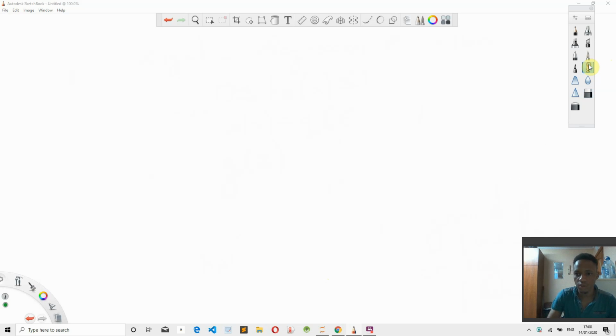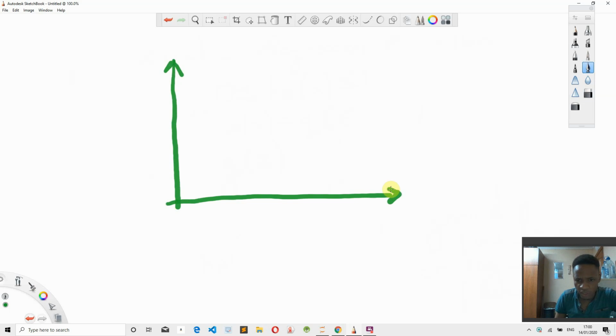So let's take a look at this. Let's say we want to predict if someone has heart disease based on their cholesterol level. So this is heart disease.